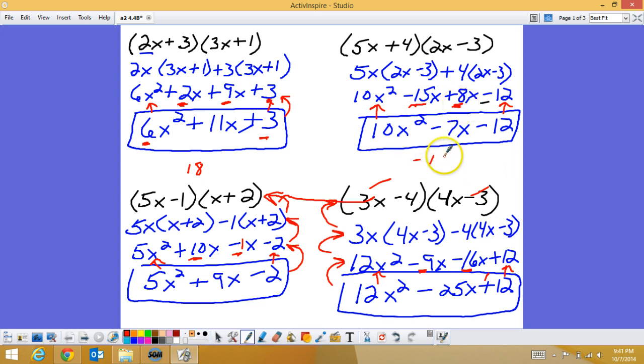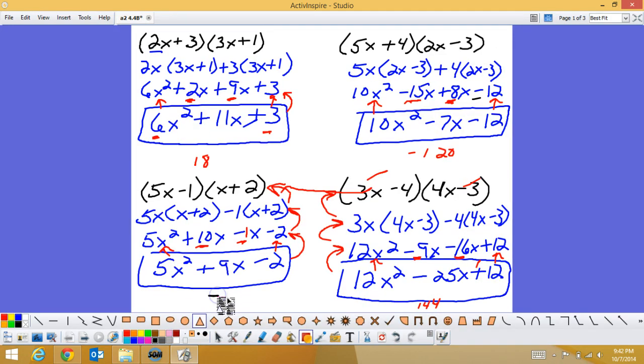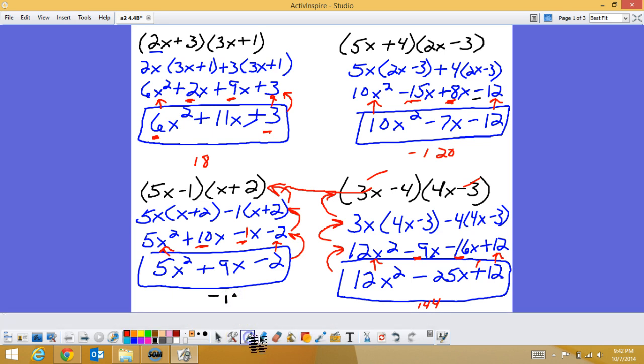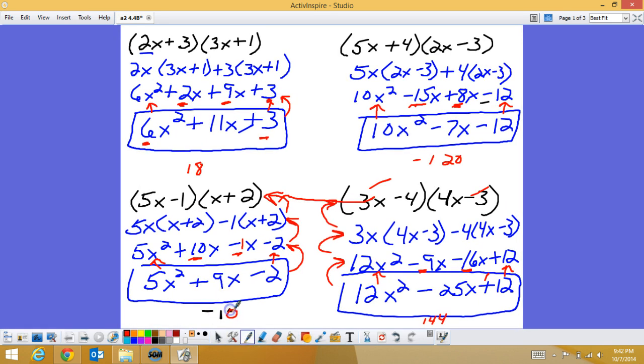Negative 120. 10 times negative 12 is also negative 120. Negative 9 times negative 16 is 144. So is 12 times 12. 10 times negative 1 is negative 10. So is 5 times negative 2.